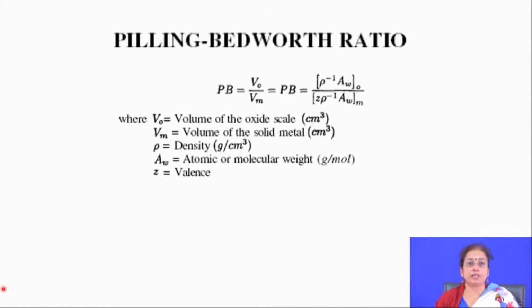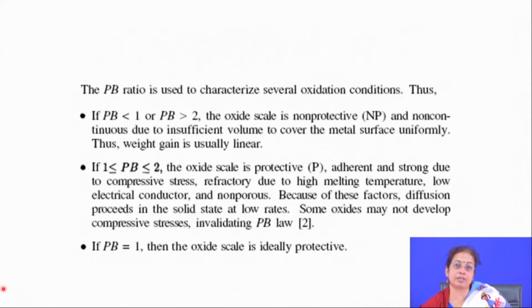The Pilling-Bedworth ratio is the ratio of the volume of the oxide scale to the volume of the metal. This volume ratio is very important because it ultimately controls the overall stress level generated at the surface, particularly at the interface, because of oxide formation. Ideally, if the Pilling-Bedworth ratio is 1, then the oxide scale is highly protective.